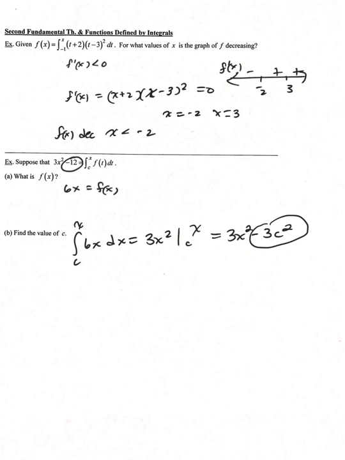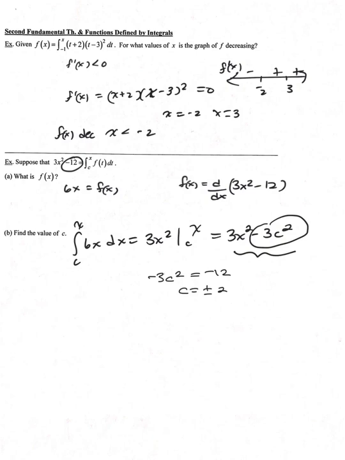So f of x was the derivative, keep that in mind, of 3x squared minus 12. So here, I got my function 3x squared minus 3c squared. So now that means that this negative 3c squared is equal to negative 12. So when you solve this, you're going to get c equals plus or minus 2.